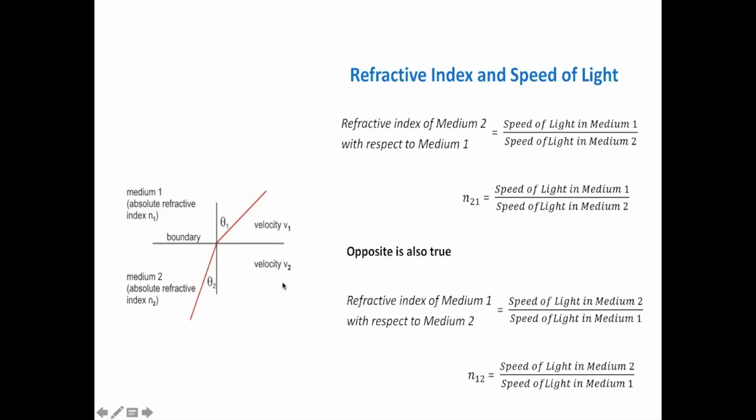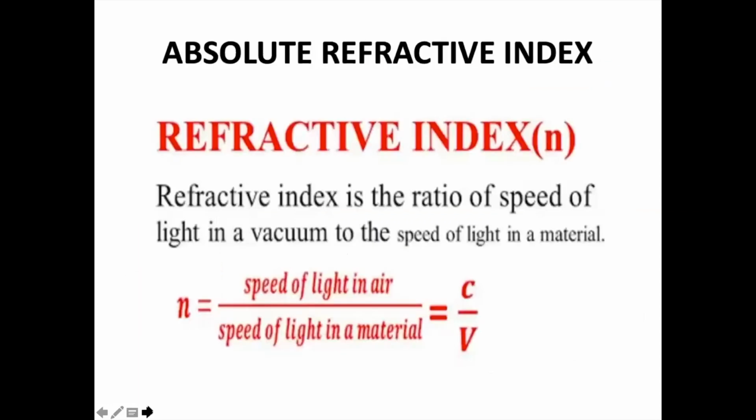If I want to take the ray of light going from medium 2 to medium 1, that means I want to find out the refractive index of medium 1 with respect to medium 2. So I'll have to calculate the speed of light in medium 2 to the speed of light in medium 1. And I can say eta 12 is equal to the speed of light in medium 2 upon the speed of light in medium 1.